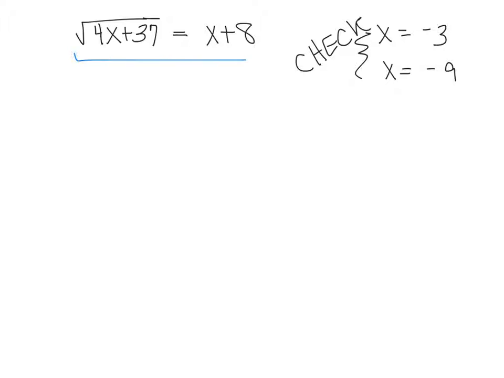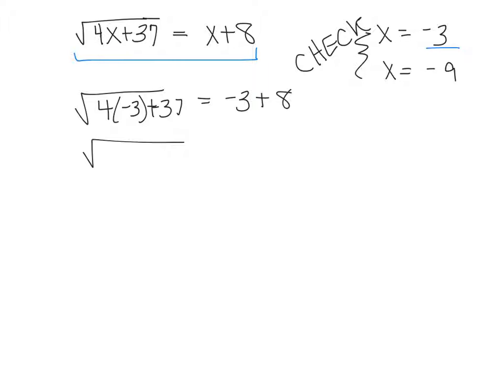Here we have the original equation. We want to plug each of our values for x into the equation to make sure that they work. First, we'll check x equals negative 3. So I have the square root of 4 times negative 3 plus 37 equals negative 3 plus 8.